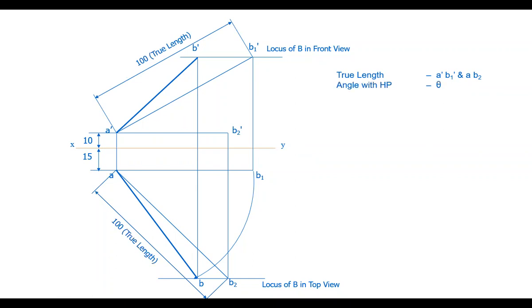Angle with HP, that is theta, the true inclination with HP. Angle with VP, phi. In general, these are the notations followed.